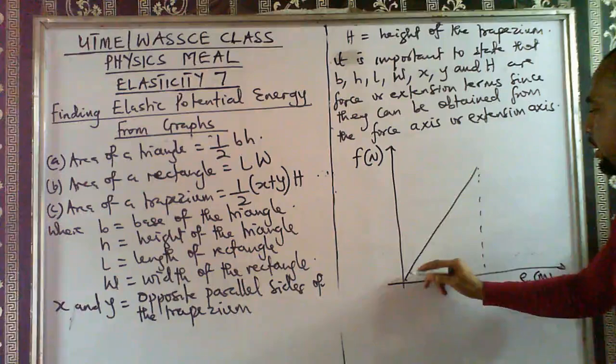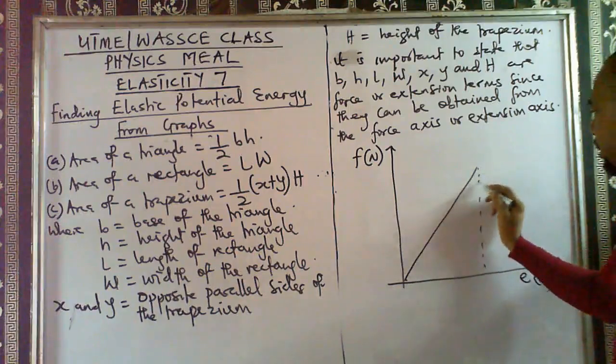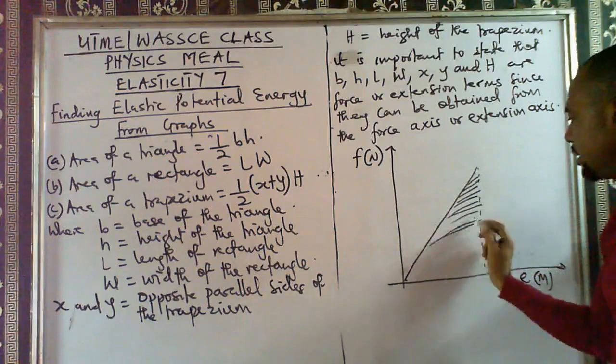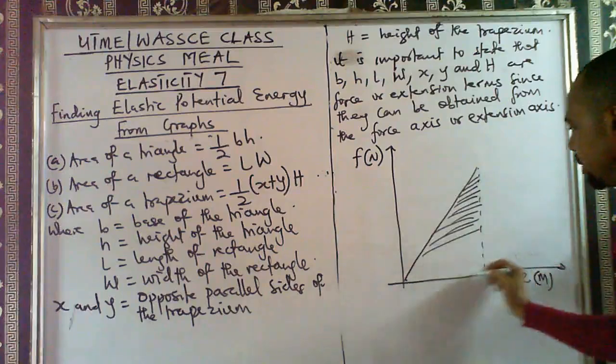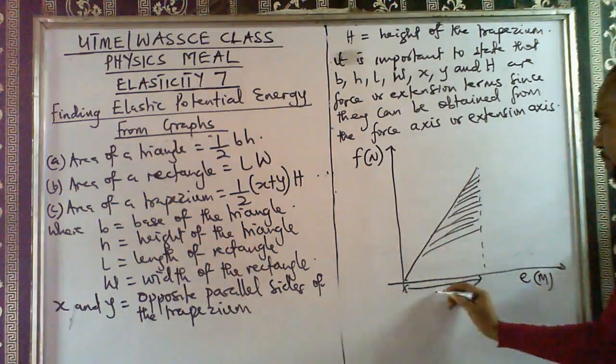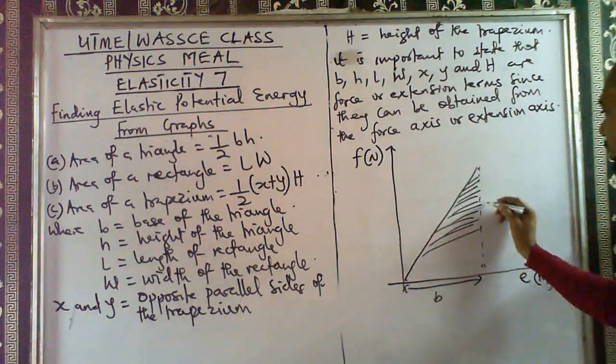This is where the graph ended. The area under this graph is a triangle. Now you notice that from here to here is the base, and from here to here is the what?